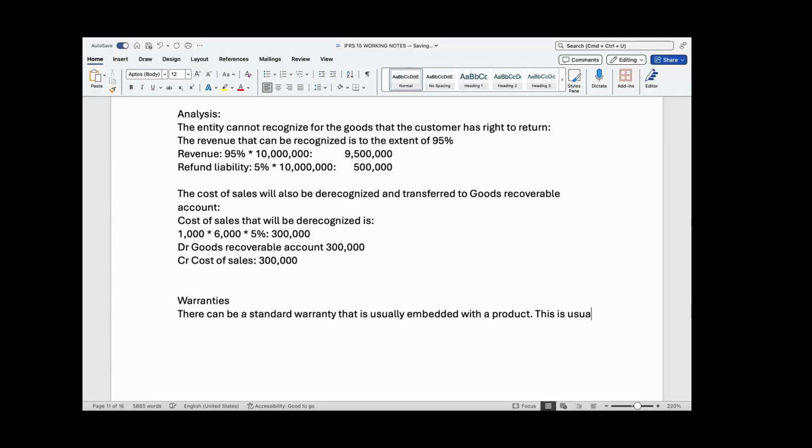This is usually given to give the customer assurance that the product will perform based on agreed upon standard or specification.